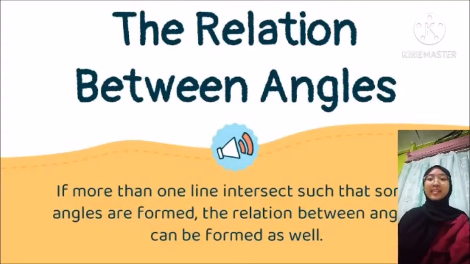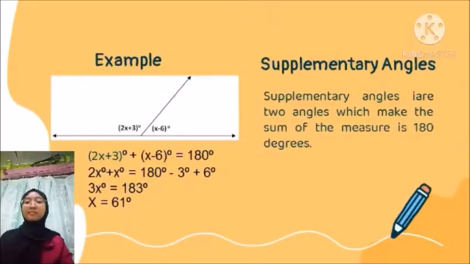Next, the relation between angles. If more than one line intersects such that some angles are formed, the relation between angles can be formed as well. Supplementary angles are two angles whose measures sum to 180 degrees.